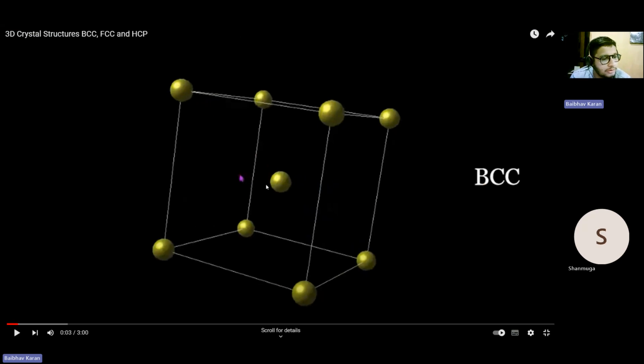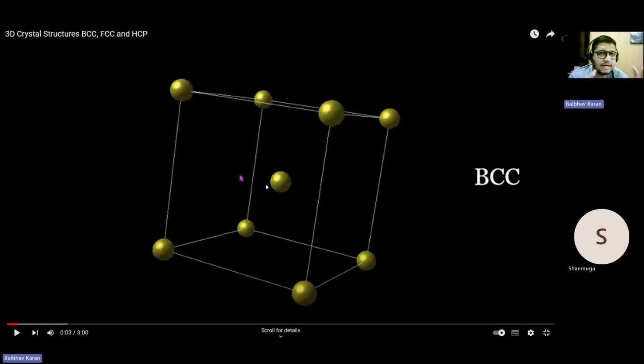In this video, we will be learning about the different types of crystal structures. As we know, these are simple cubic, body-centered cubic, face-centered cubic, and hexagonally close-packed structures. Simple cubic has atoms only at its vertices. The body-centered cubic has atoms at its vertices and at the center of the crystal structure.